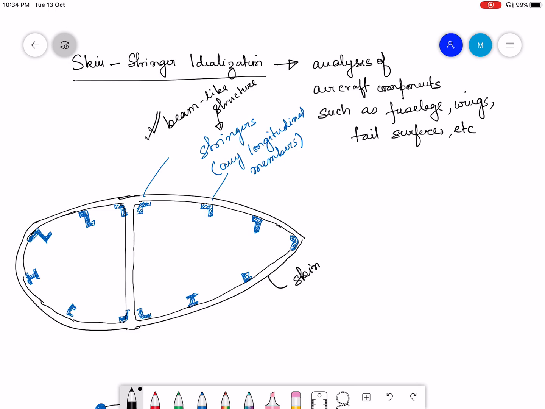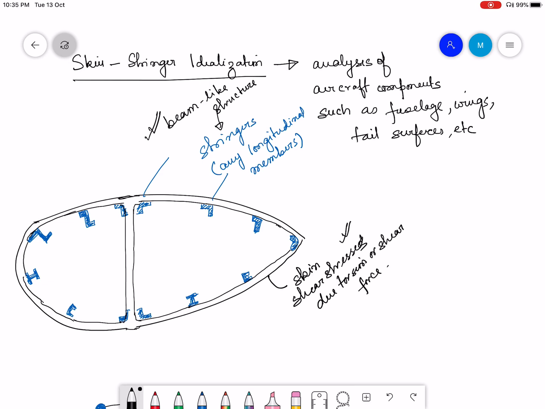We also know that the skin is going to take the shear stresses because of torsion and shear forces. So the skin bears the shear stresses due to torsion or shear force. So this part also we know.